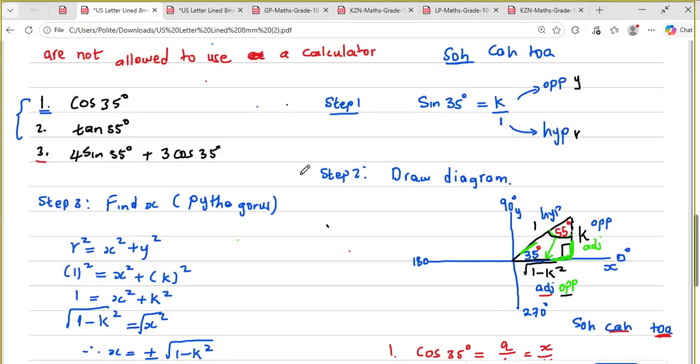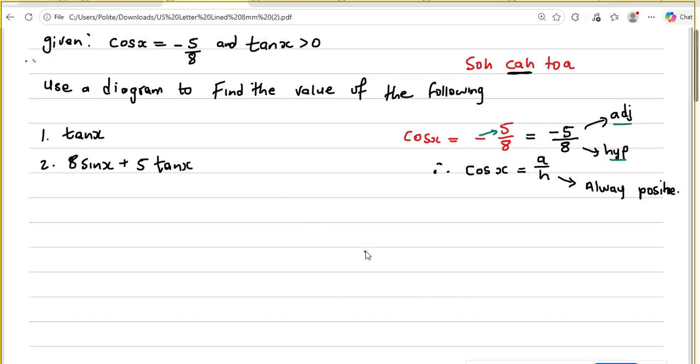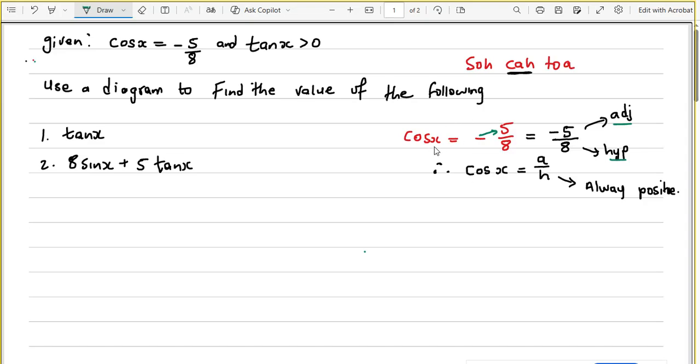In this example, you were given the angle. But in the other example, you are not given the angle. This is x. If you were given the angle, it was easy because you said that cos 35 degrees is in quadrant 1 because it's between 0 and 90. But in this case, we are working with something different. We need to check.